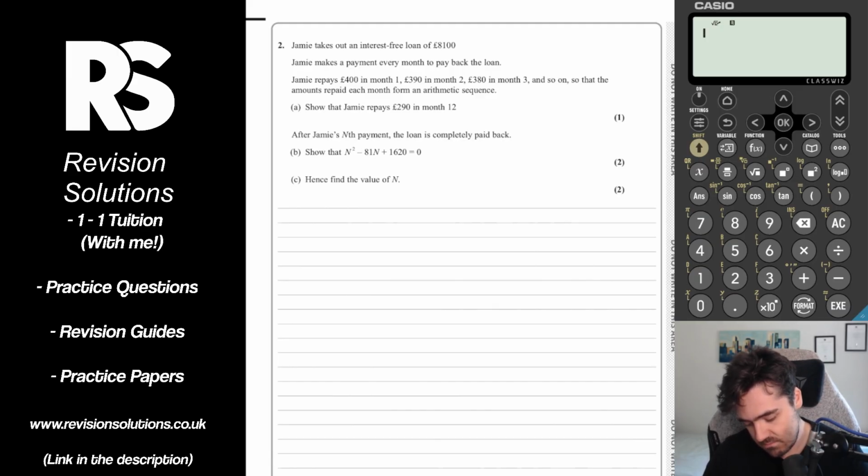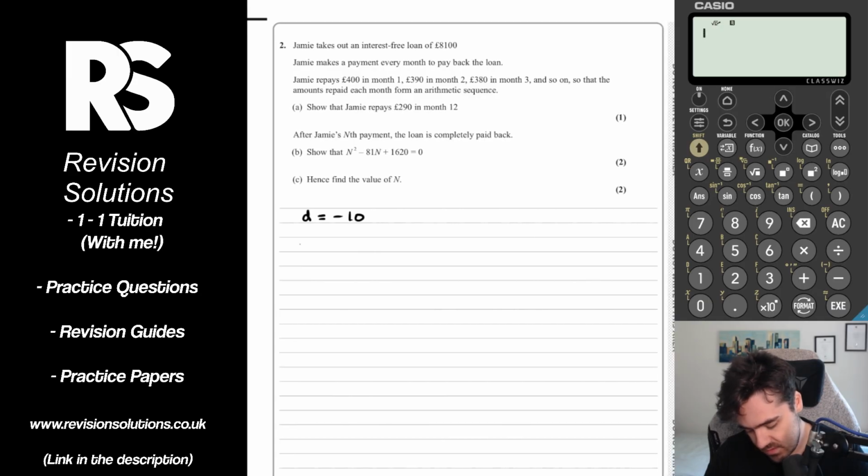So just looking at that, we know the common difference of our arithmetic series is minus 10. Then thinking about the 12th month, the nth term formula is a plus (n minus 1)d, and our first term is £400.